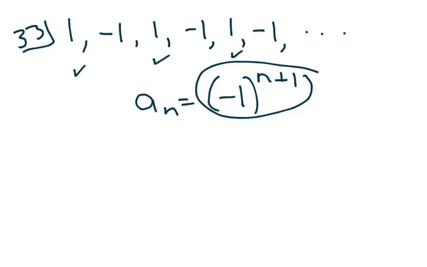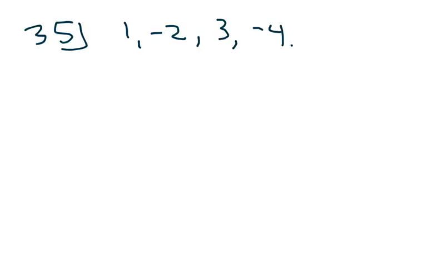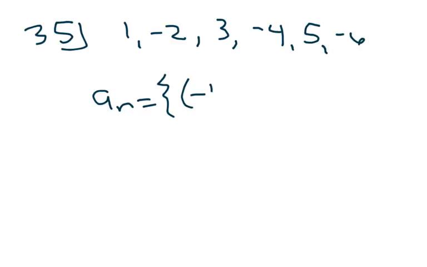And let's go on to 35. See what we can do with this one. We have 1, negative 2, 3, negative 4, 5, and negative 6. Well, we see this oscillating thing. So since I see that oscillating thing, I know I'm going to write negative 1 to the n plus 1.